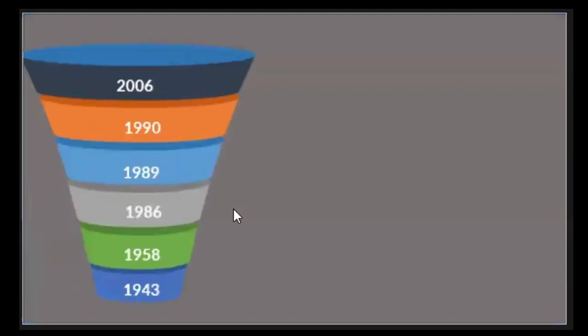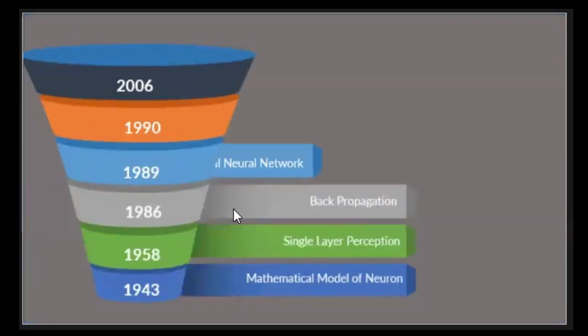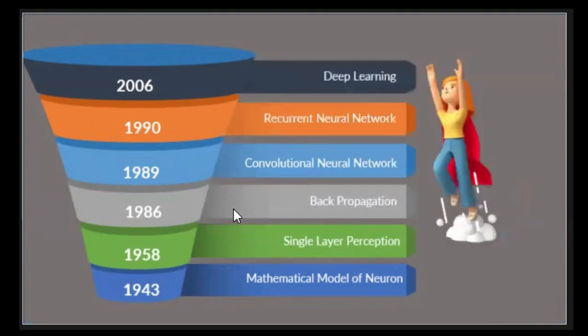All right, now let's break these areas down into sections. 1943, the mathematical model of the neuron; they didn't finalize it. In 1958, the single layer perceptron model. We will learn what that means today. Then 1986, backpropagation. We will learn what that means. 1989, convolutional neural network, CNN, a huge change that we are using. 1990, recurrent neural network. 2006, deep learning.